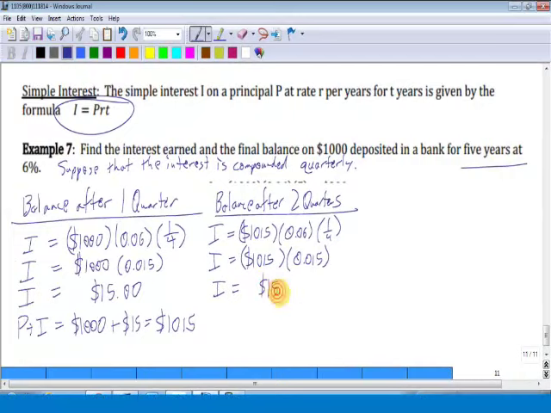So if we take the principal, now the new principal was what we had for the last 3 months, which was $1,015. And then we add the $15.23. Well, why do we earn 23 cents more during the second quarter than we did during the first quarter?